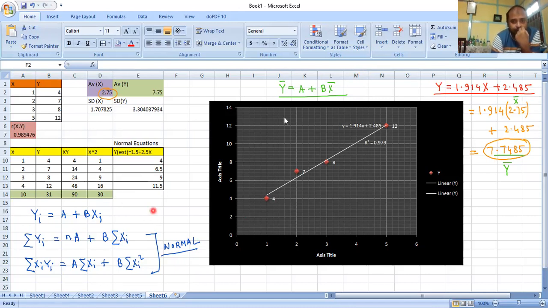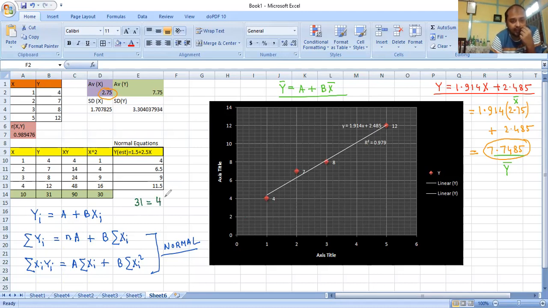So for the first normal equation, we have summation yi, which is 31. How many variables are there? 4 pairs are there.